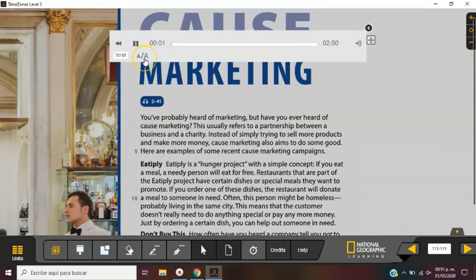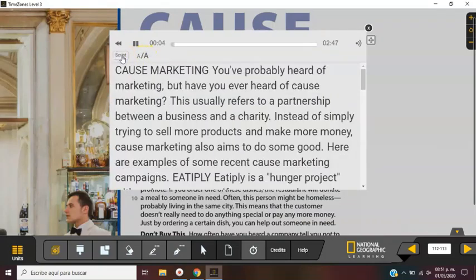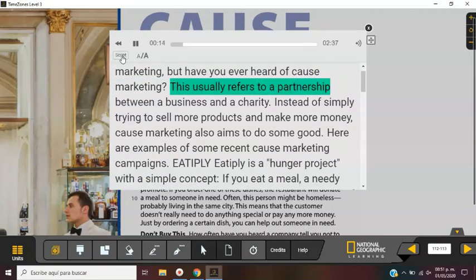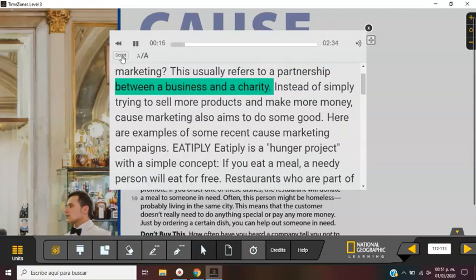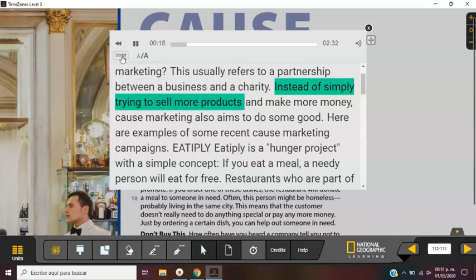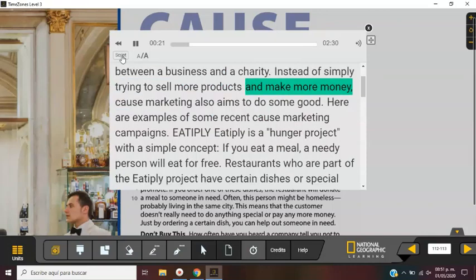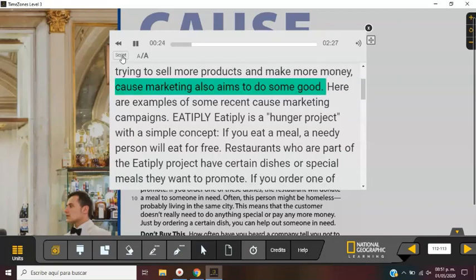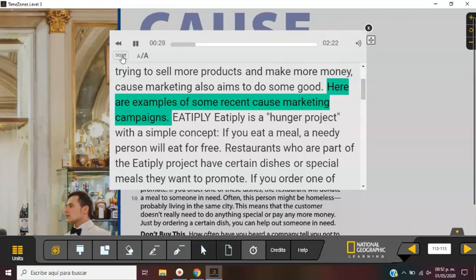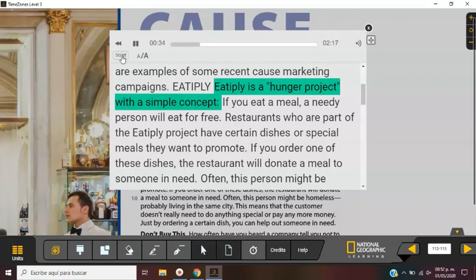Unit 11, Track 2-41. Cause marketing. You've probably heard of marketing, but have you ever heard of cause marketing? This usually refers to a partnership between a business and a charity. Instead of simply trying to sell more products and make more money, cause marketing also aims to do some good. Here are examples of some recent cause marketing campaigns. Eat Apply. Eat Apply is a hunger project with a simple concept.